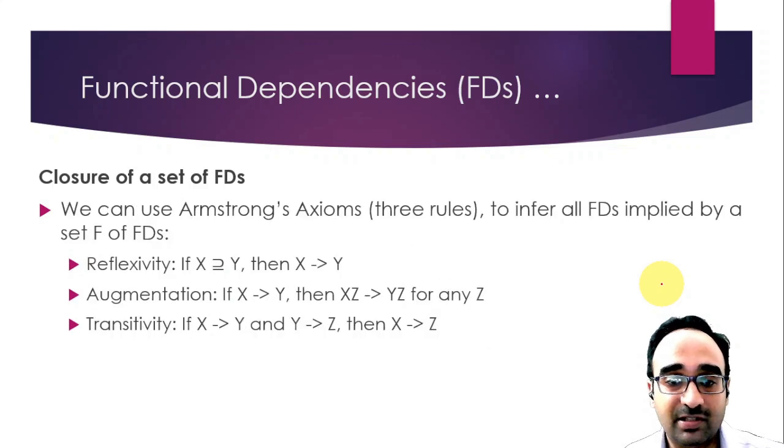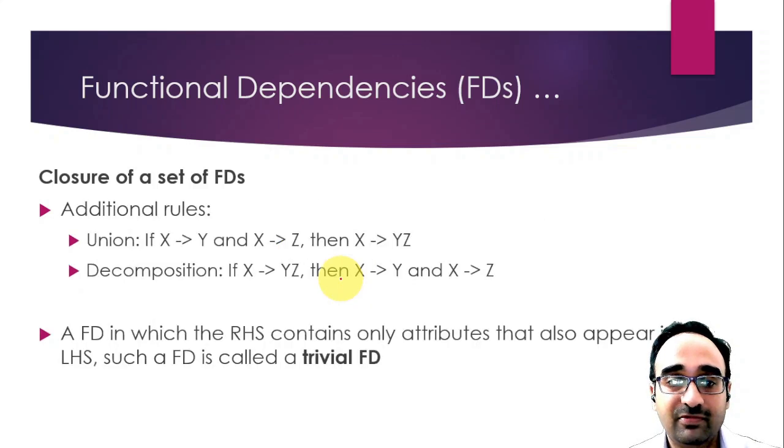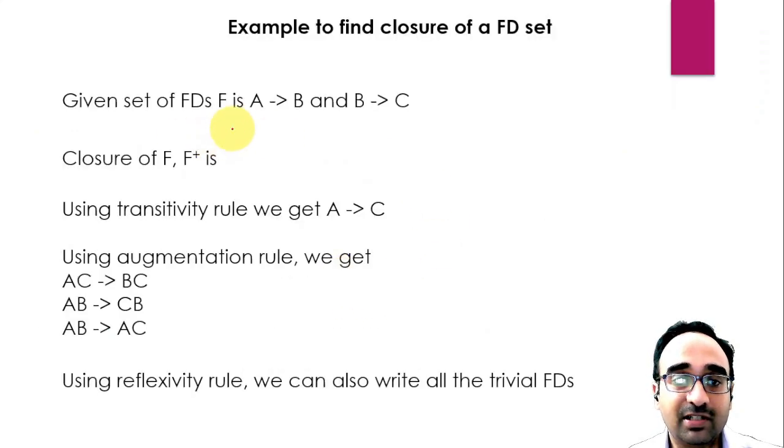So what can you say here? Whatever FDs you get using the reflexivity principle are all trivial FDs. Generally, whenever you are finding the closure set of FDs, you don't consider the trivial FDs, you ignore them.